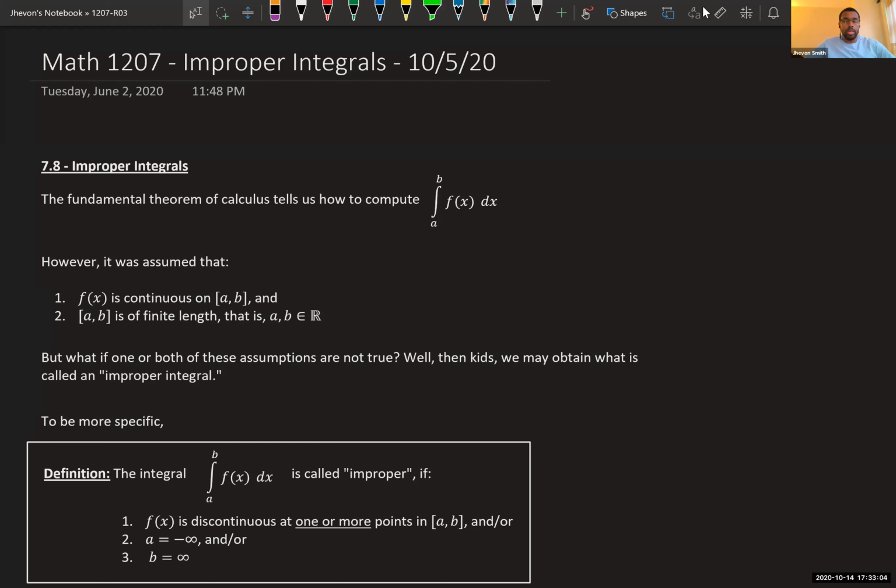This topic I don't think is going to be that difficult, as long as you remember your limits, which I also sent an email about earlier. So hopefully you got that email and maybe you check out some of those resources that I sent before. A big deal with improper integrals: if you're okay with integration, then the issue would be with limits.